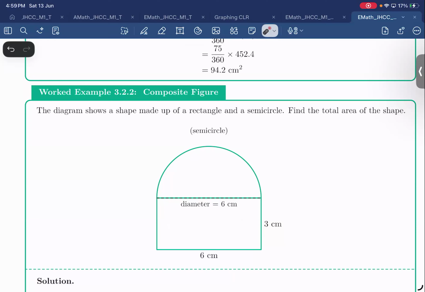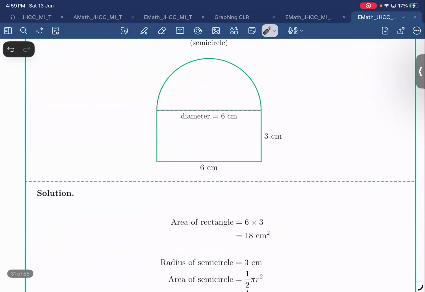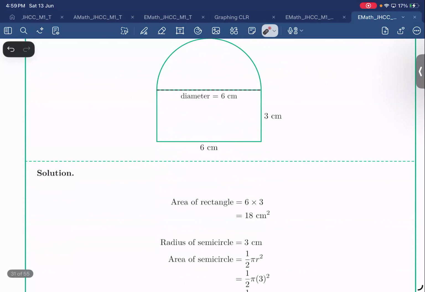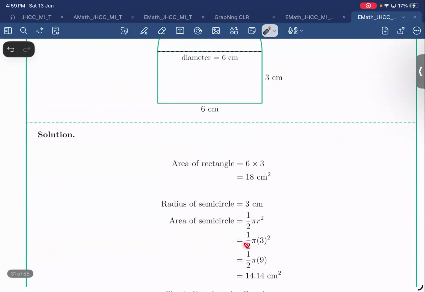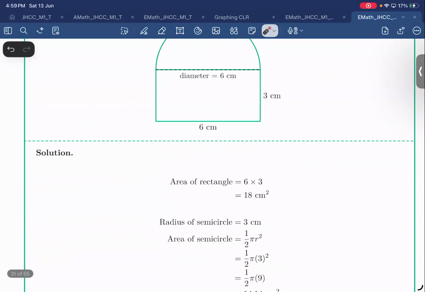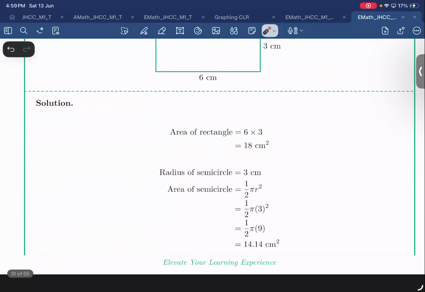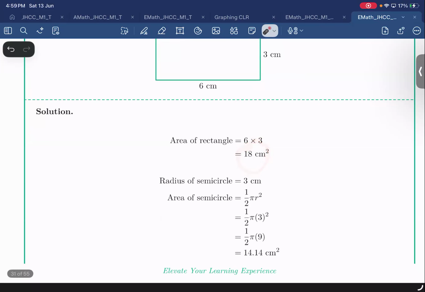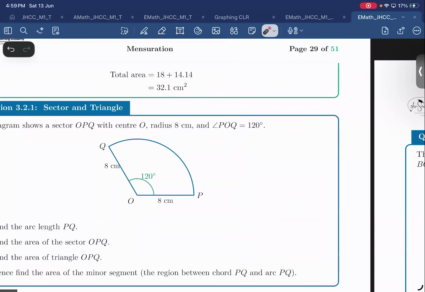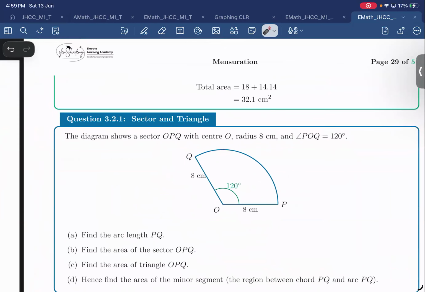Pi times 3 squared is 9 pi, divided by 2, so it's 9 over 2 pi, which is 14.14. Then the rectangle is based on the sides, so 3 times 6, 18. So for the total area you add 18 and 14.14. You get 32.14 cm squared.